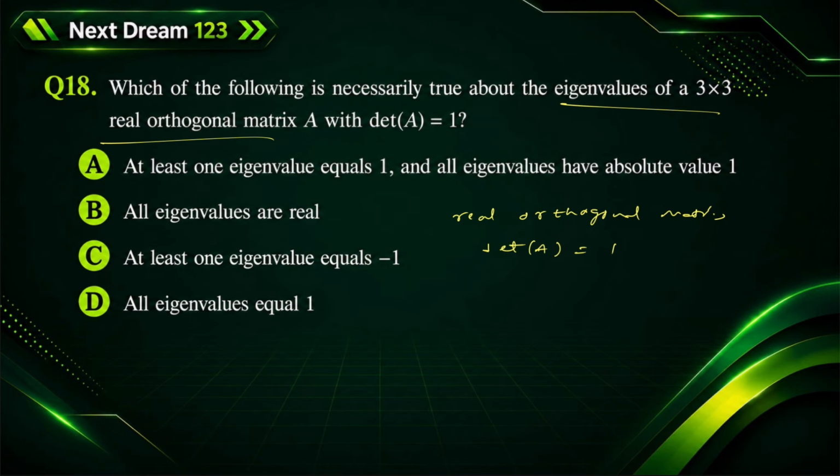For a real orthogonal matrix, every eigenvalue, I will name the eigenvalues lambda, satisfies absolute value of lambda equal to 1. This is very important.